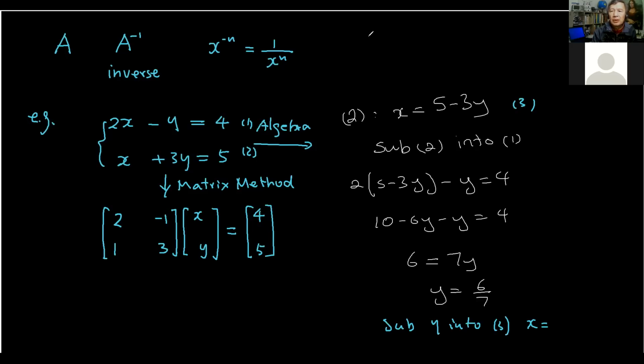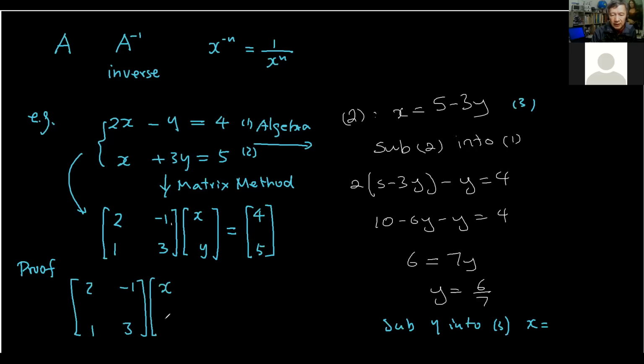Do you know why we can do so? The first 2 by 2 matrix holds the coefficients, and these are the variables. Now, can you prove that? Can we use your knowledge of multiplication of two matrices? By the way, this is called a column matrix, because x and y give two elements here.